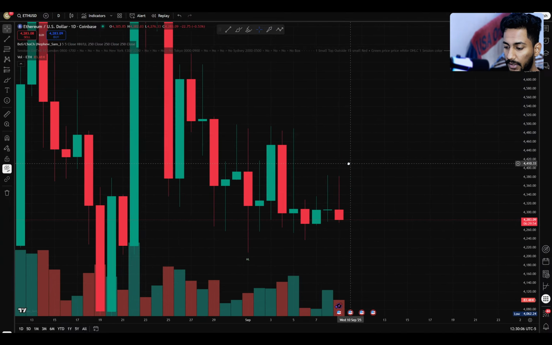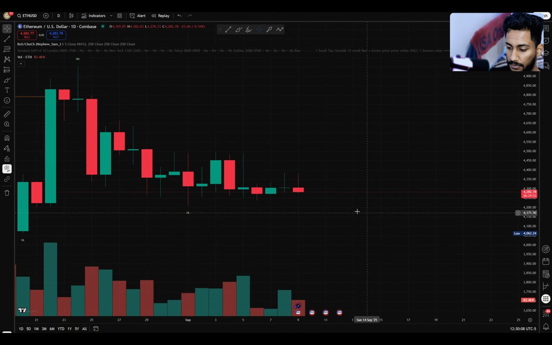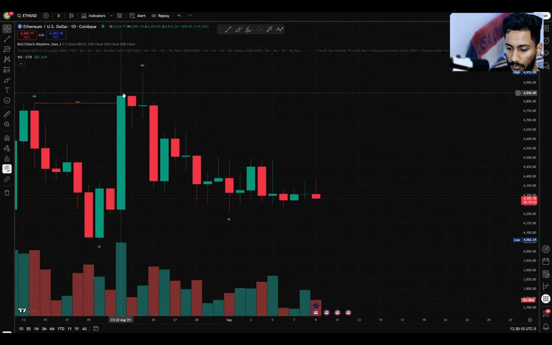So the trend is mostly bearish because it's making a higher high, higher low, then a lower high. If this breaks to this one, it will make a lower high.